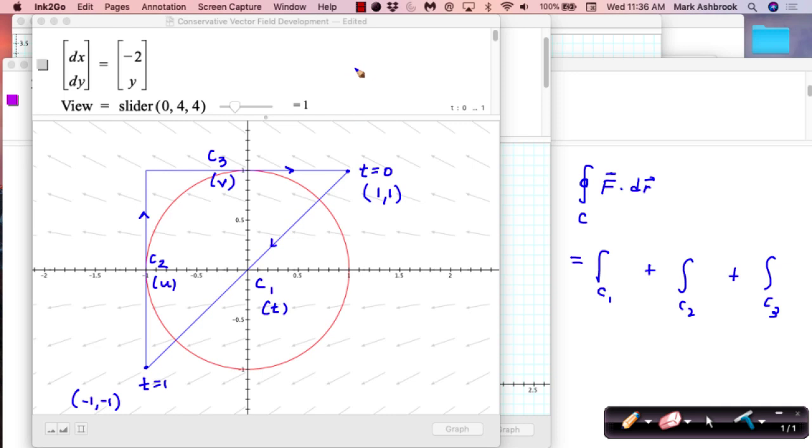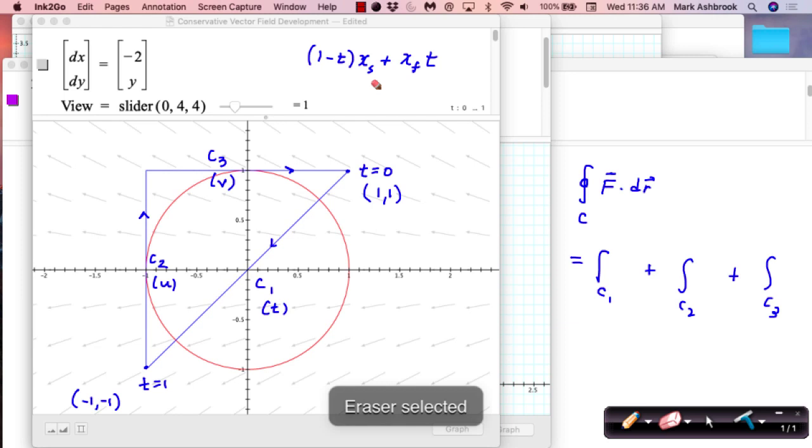And then you can make your parameterization, so this is x start or x initial.